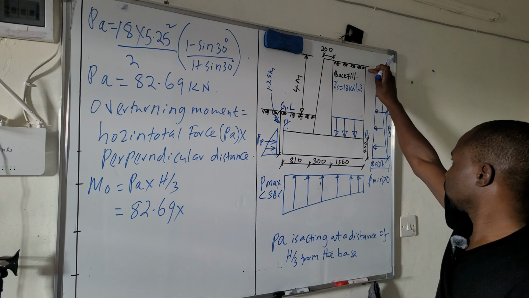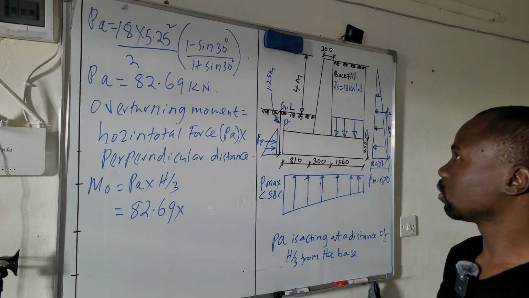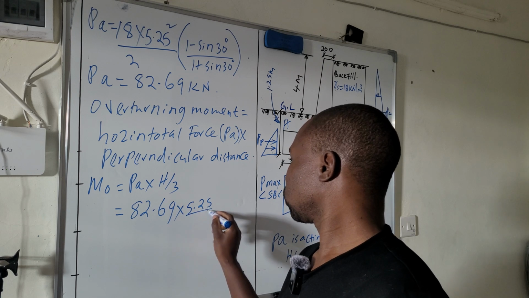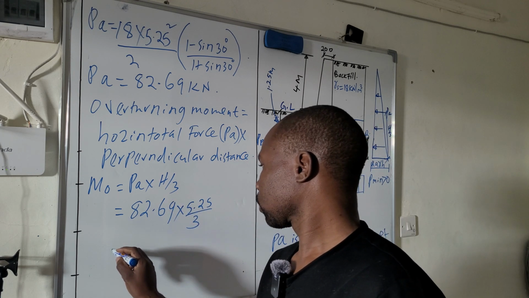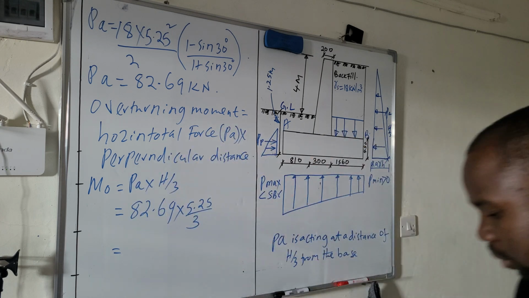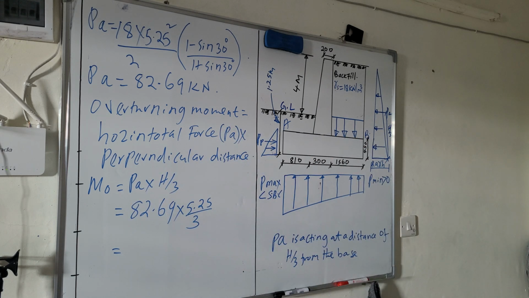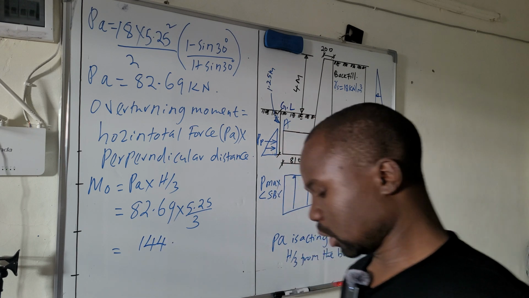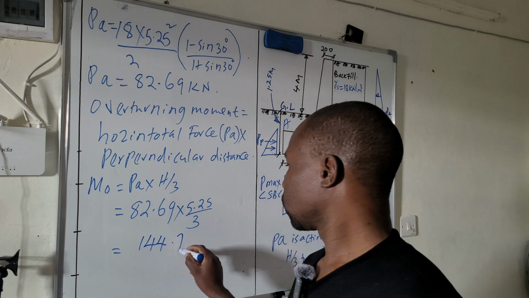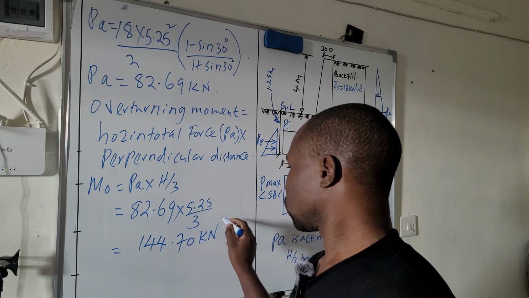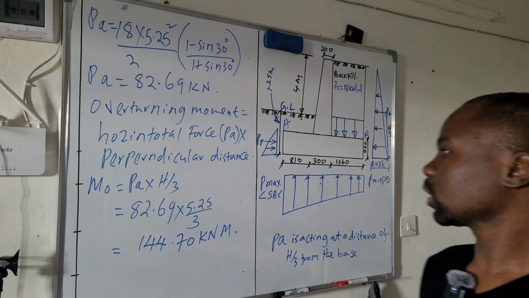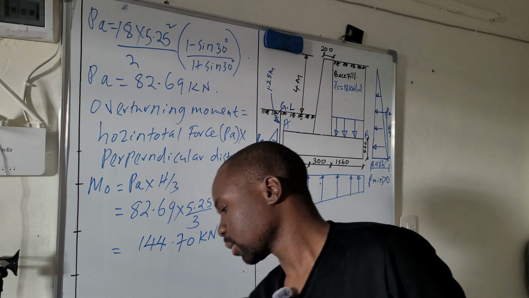The distance from here to the bottom is 5.25 over 3. So if you punch your calculator, you will get 144.70 kilonewton meter. So this is the overturning moment.